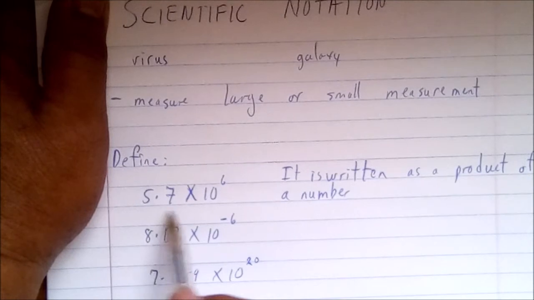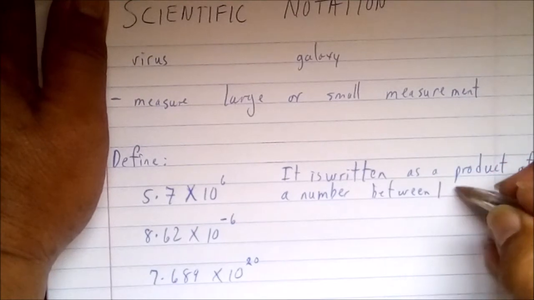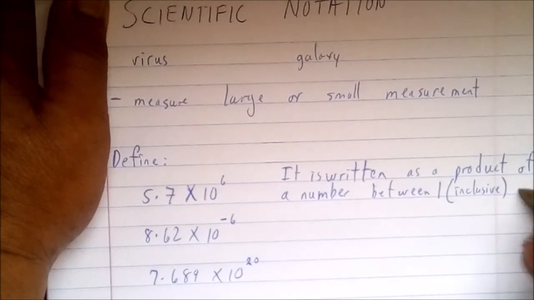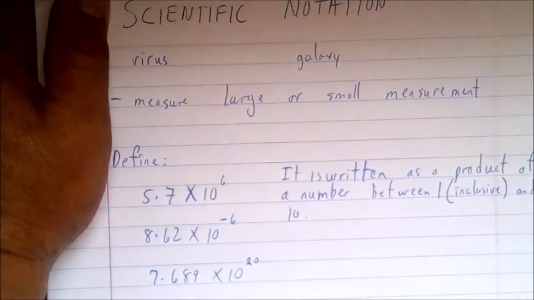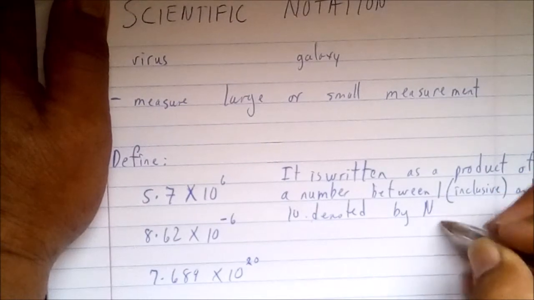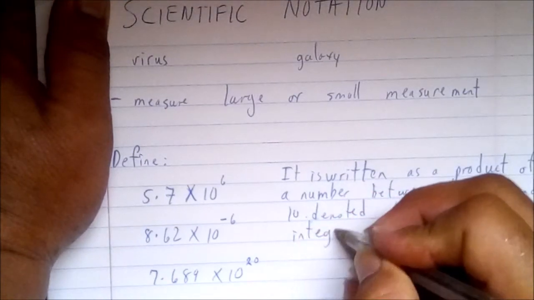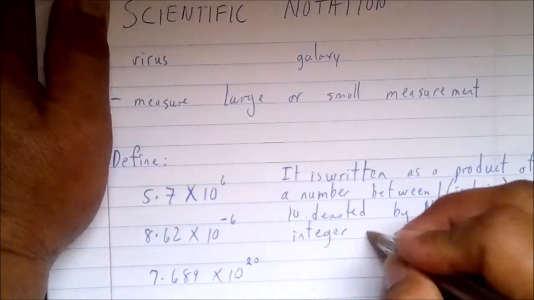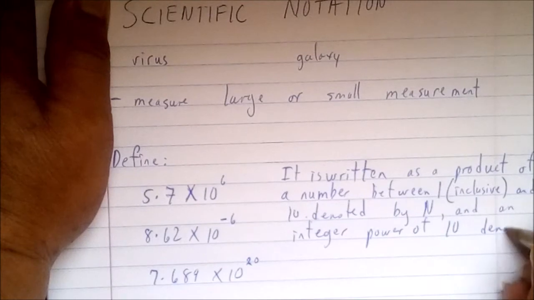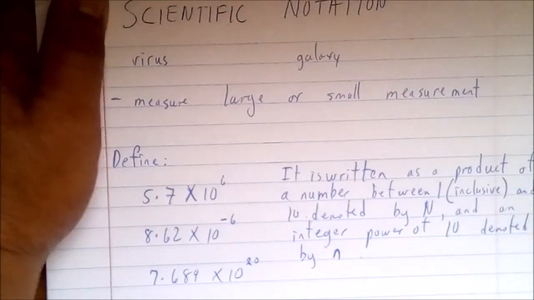This is the number between 1 inclusive, which means include 1, and 10, denoted by capital N, and an integer power of 10, denoted by small n.